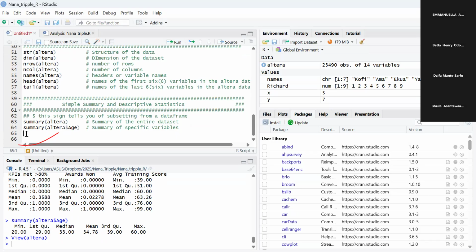That's why I personally don't like typing view. But since you have asked, I am going to say so. Yes, Prof, Madam. I think we just viewed the data and saw that there were no names. So don't worry, we are going to use employee ID.